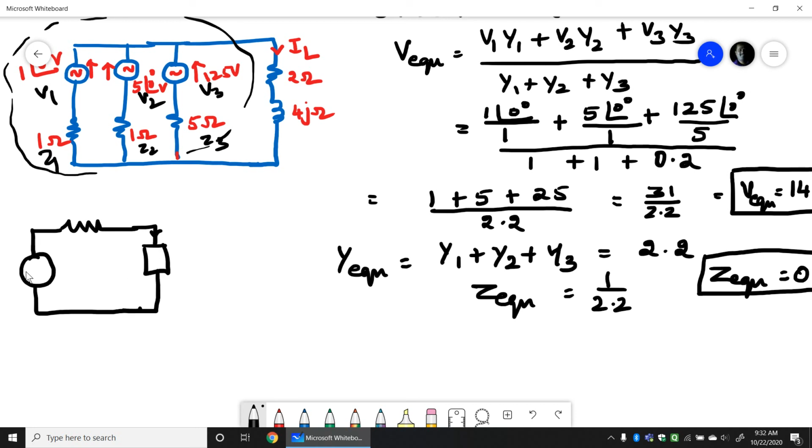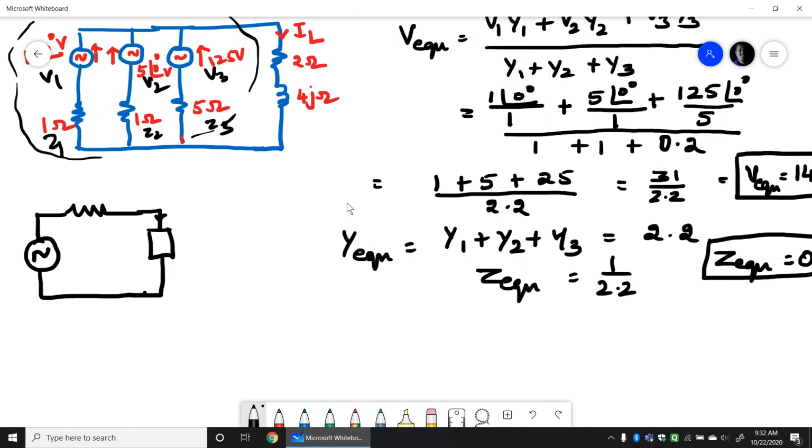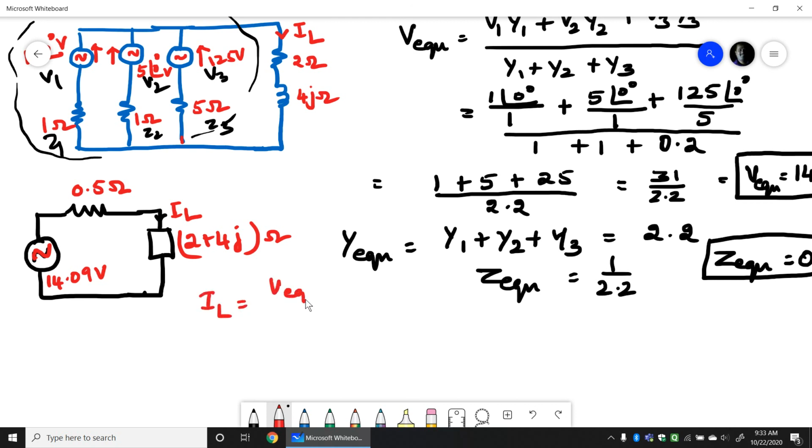So here V equivalent which we have got is 14.09 volts, Z equivalent we got is 0.5 ohms, and then the load is 2 plus 4j ohms. Now we need to find IL. So IL equals V equivalent divided by Z equivalent plus ZL.